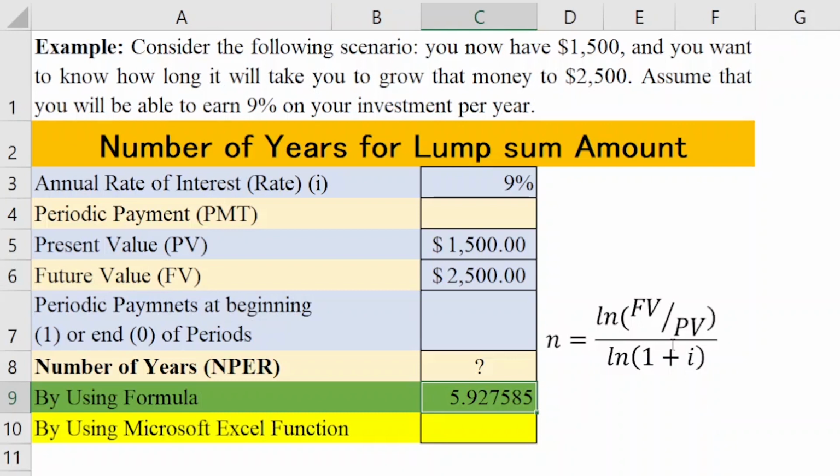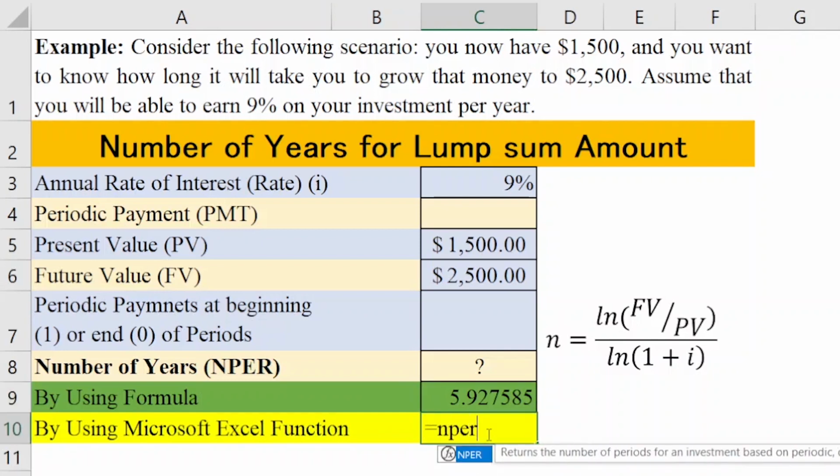Instead of applying this calculation by using formula, we can use Microsoft Excel function to calculate this easily. To calculate this by using Microsoft Excel, equal to NPER. NPER basically returns the number of periods for an investment based on periodic constant payments and a constant interest rate.